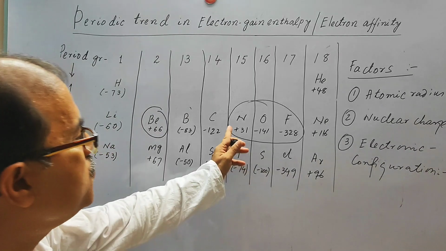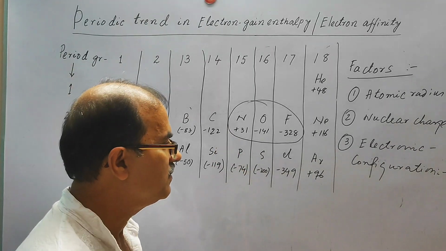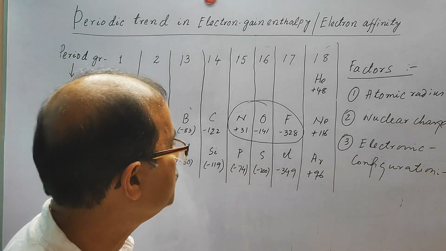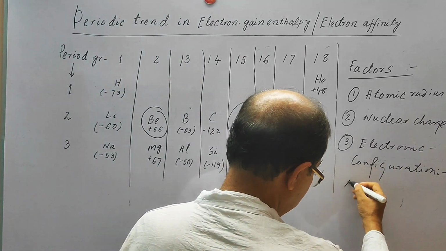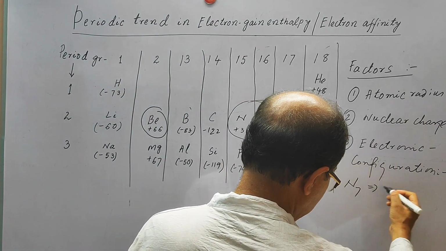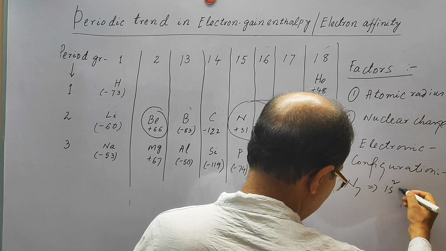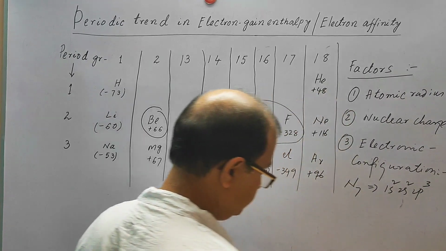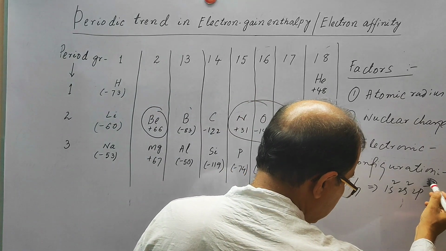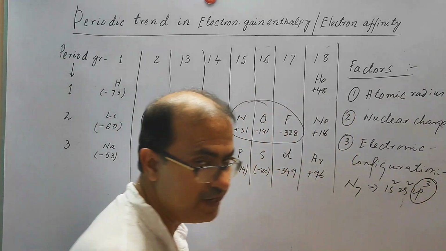For nitrogen, you can see the electronic configuration. It is half filled because nitrogen has atomic number 7, so its electronic configuration is like this. So this p subshell is half filled.